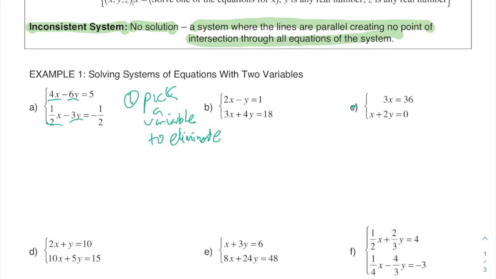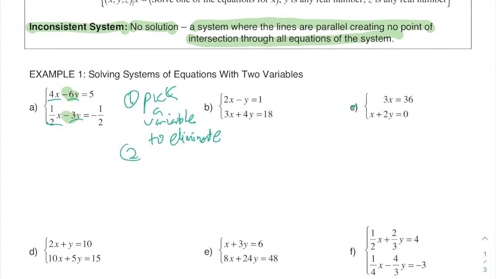Looking at 4x minus 6y equals 5 and 1/2 x minus 3y equals negative 1/2, you might be thinking, man, I really don't like the fractions, but there's a nice relationship between negative 6y and negative 3y. So let's go ahead and get rid of the y's, because all I have to do is multiply the bottom equation by negative 2, and then I have opposites.